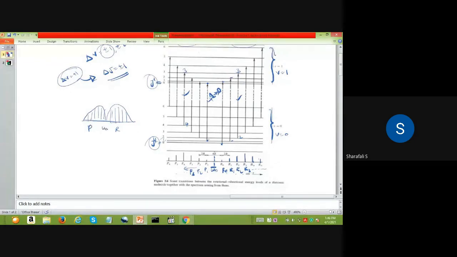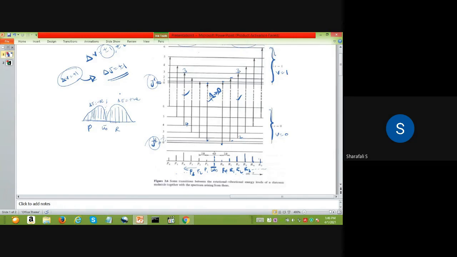And fundamentally, we have omega 0 bar here, that is the band origin, and this corresponds to delta J positive, and this corresponds to delta J negative. So that's about the spectra of the diatomic vibrating rotator.